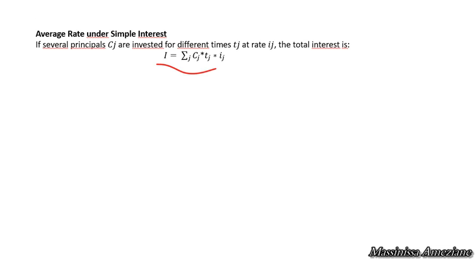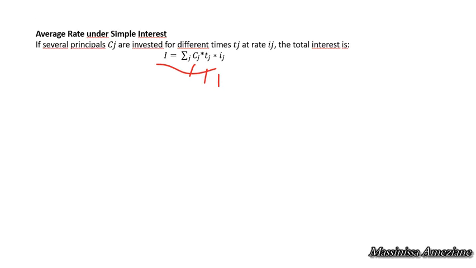So it is the sum of C_j times T_j times the interest rate r_j. This is the first principal times the number of periods of the same principal times the interest rate of the same principal, plus the second one, we do the same thing, plus the third one, until the nth one.